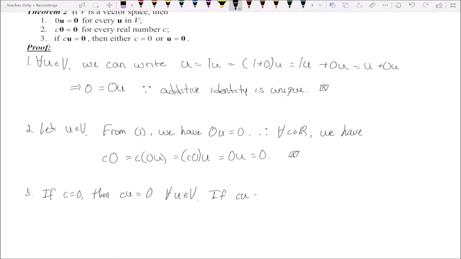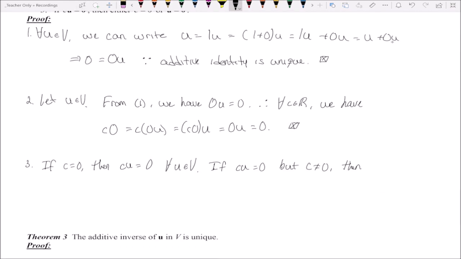Now, if Cu is equal to 0, but C is not 0, right? Then we can write u is equal to 1u. Let's write that down here. Right, but we can write that as 1 over C times C times u, which we can write this way, 1 over C times Cu.